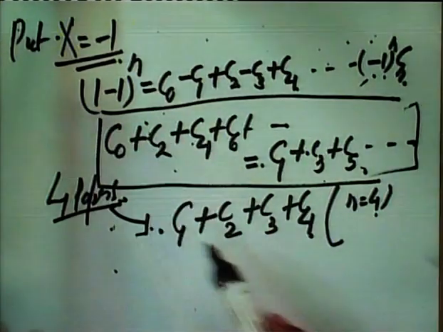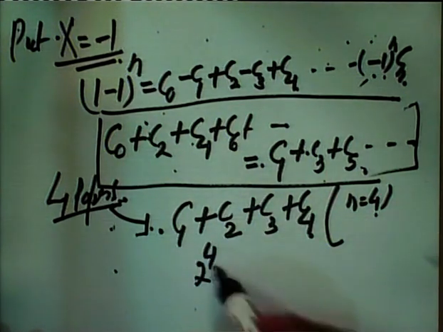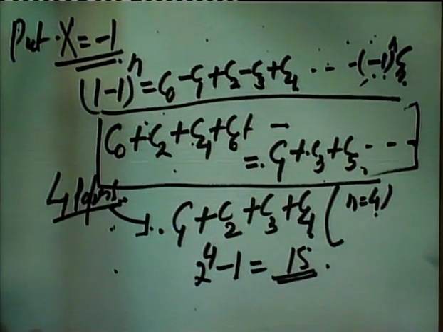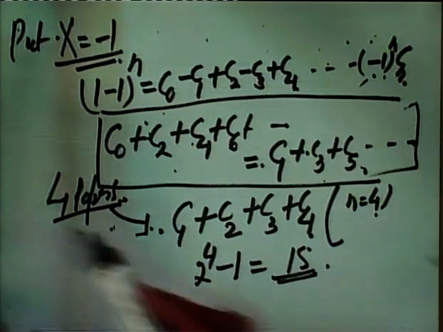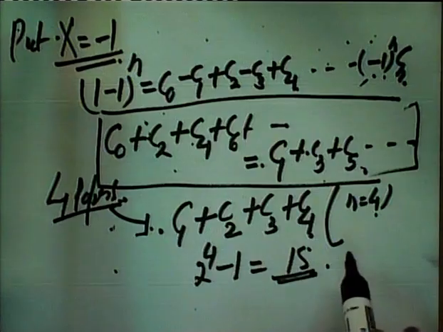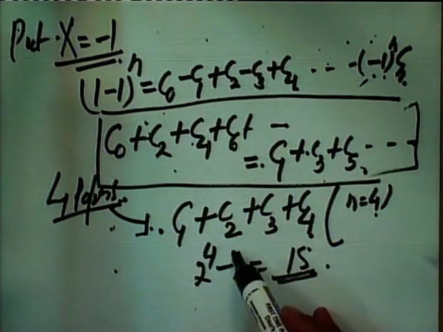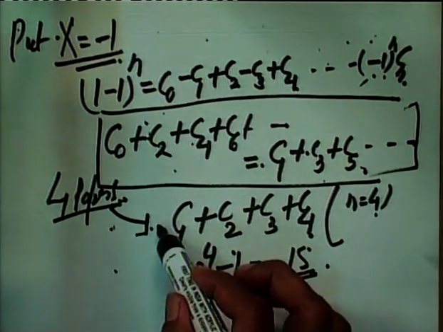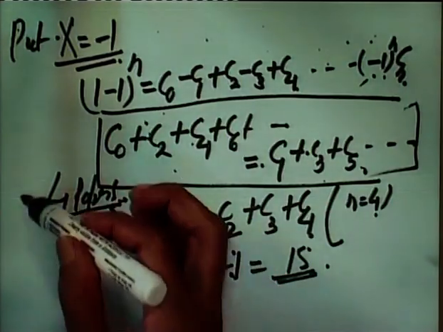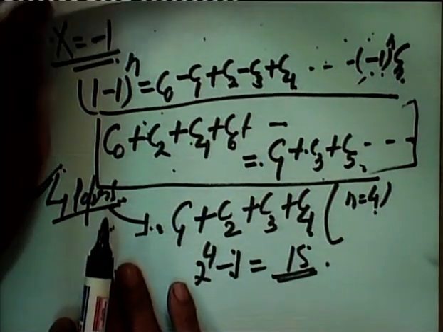So, you apply the formula, the sum was 2 raised to power n. So, this is 2 raised to power 4 minus 1, that was your 15. So, that was the reason I directly wrote that expression as 15. I did not calculate, because that is a standard result, that sum is 2 raised to power n. Here C0 was missing, so I subtracted that value, which was 1. So, this was the simple solution of the problem which I posed in the beginning.